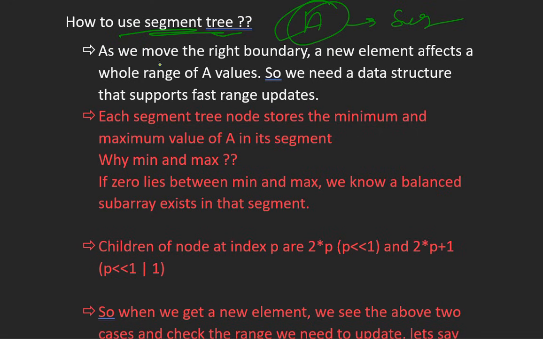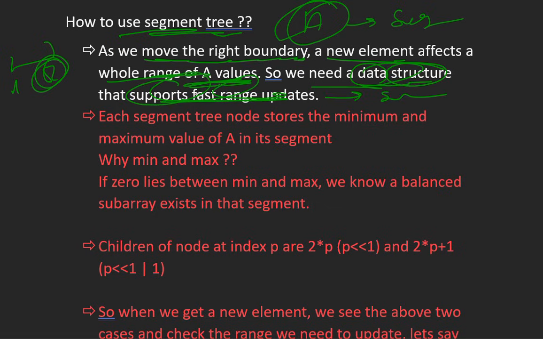As we have seen, when we move the right boundary, we get a new element which affects the whole range of a values, right? So we need a data structure which supports fast range updates.